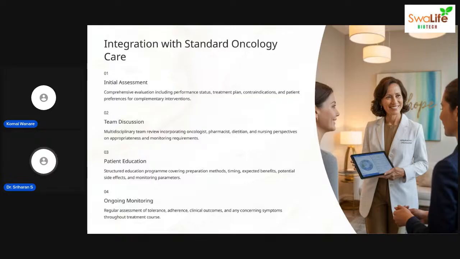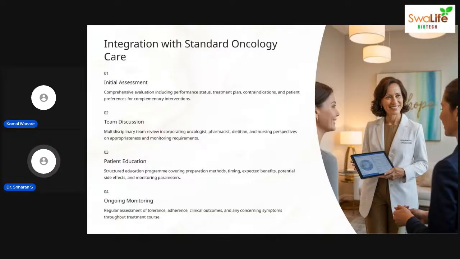How do we integrate? First of all, the initial assessment. While we are giving wheatgrass as a supportive treatment, supportive care, the initial plan is to know the performance status, using ECOG before starting. ECOG is nothing but the Eastern Cooperative Oncology Group score.